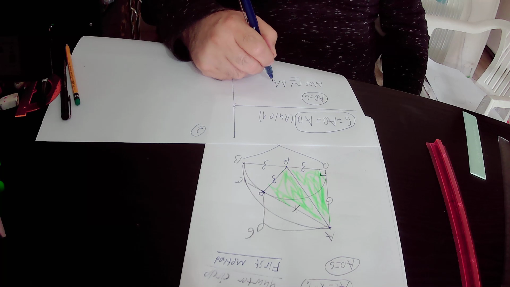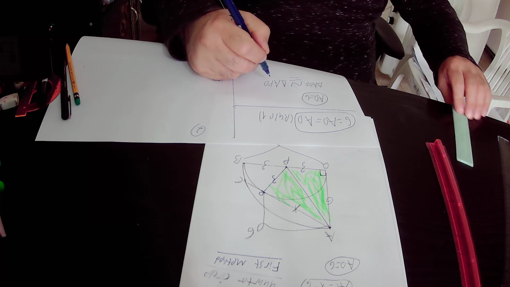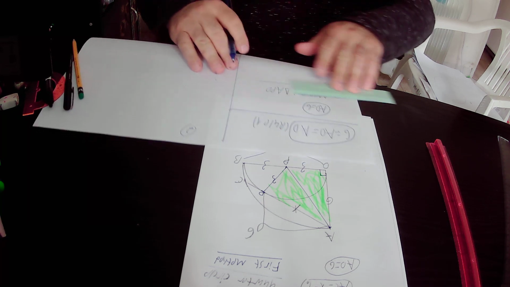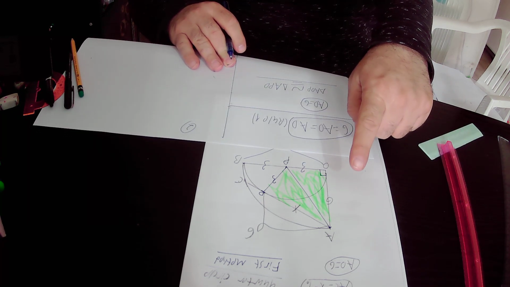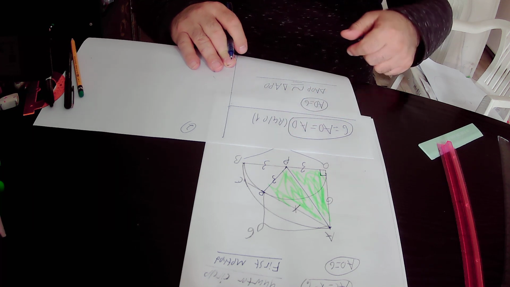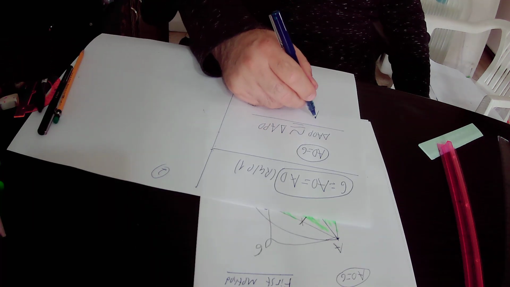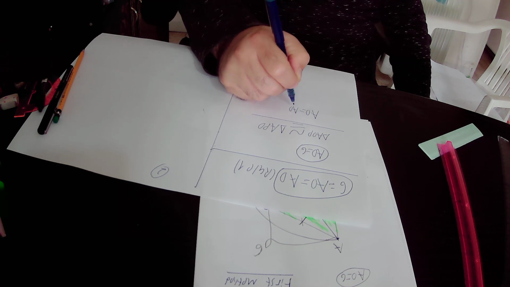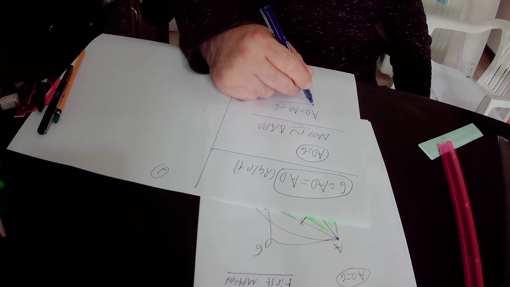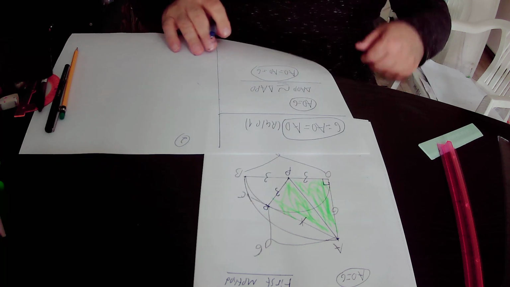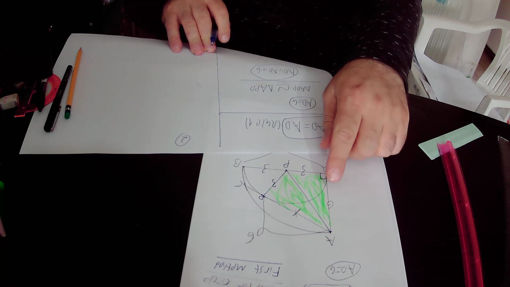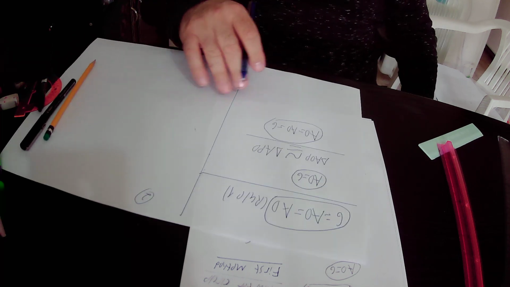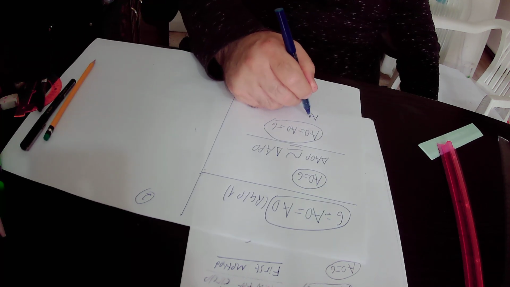So why are those two triangles congruent? First of all, we just found out that AO equals AD equals 6 units, according to rule number 1. Here AP is a common side, it belongs to both triangles, so AP equals AP.